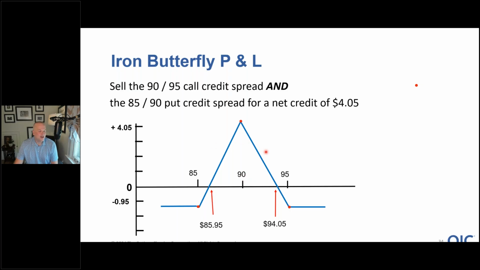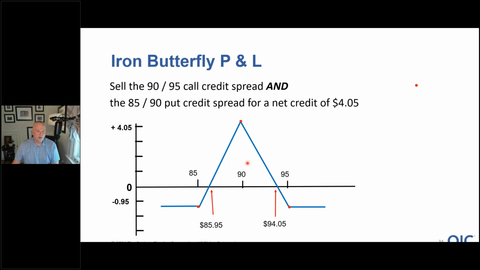There's no difference between the put that you're short and the call that you're short as far as the strikes are concerned. What we've done is we've taken those put spreads and those call spreads and we've just jammed them together. Again, what that does is it creates more premium that you're taking in when you sell it, but you're also more exposed to the movement, the underlying movement of the stock because you're short both the at the money options. You're short the 90 call and the 90 put.